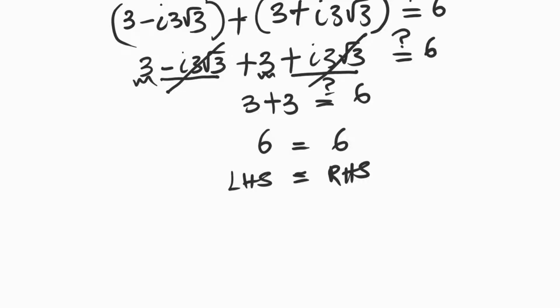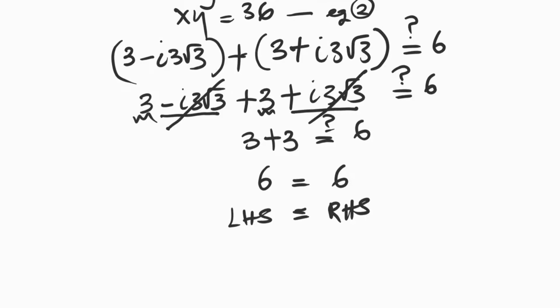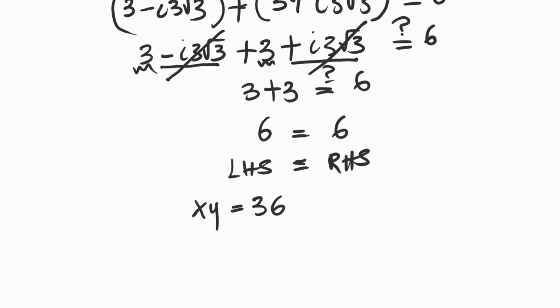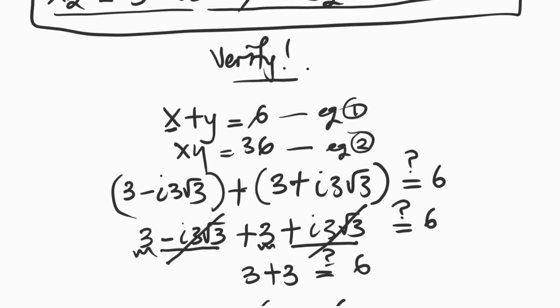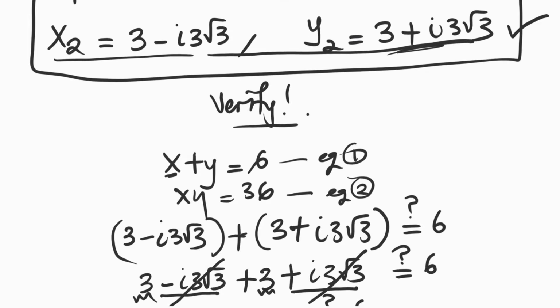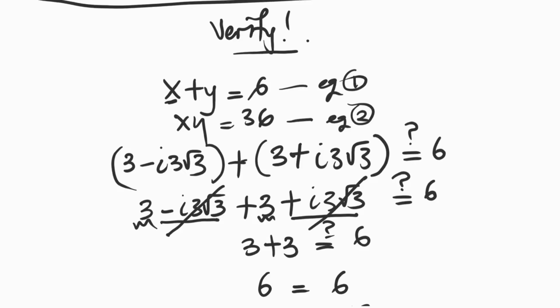Now, if we go to equation 2, which states that xy is equal to 36, let us see if we're going to get the same value. Let's plug in the value of x, which is 3 minus i3√3, multiplied by y2, 3 plus i3√3. We're trying to see if that's equal to 36.